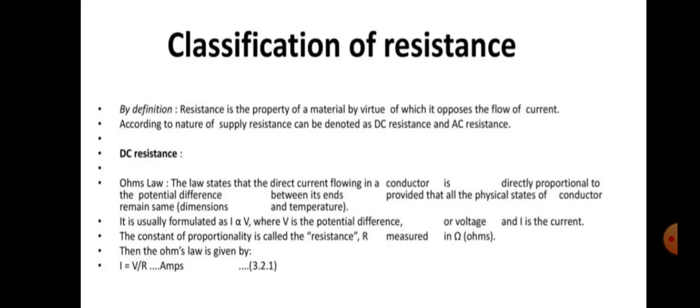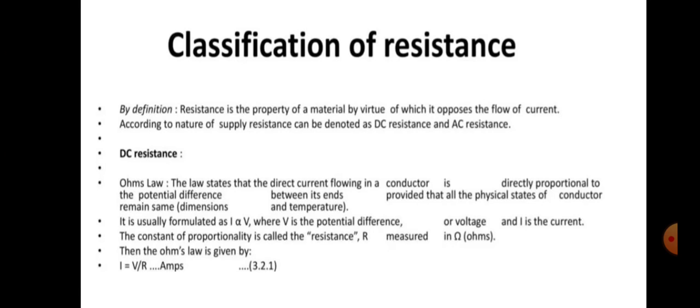Okay, so if you consider any current carrying conductor, in that the current is directly proportional to the V. V is nothing but the potential difference, or you can say voltage. It is usually formulated as I is directly proportional to V. I is the current and V is the potential difference, or you can say the voltage. The constant of proportionality is called the resistance.